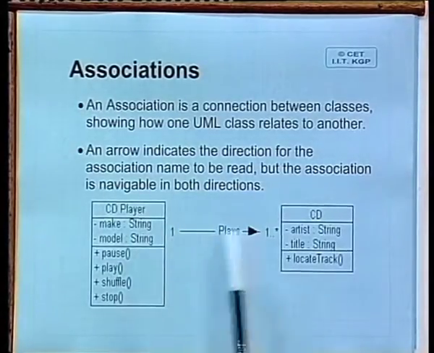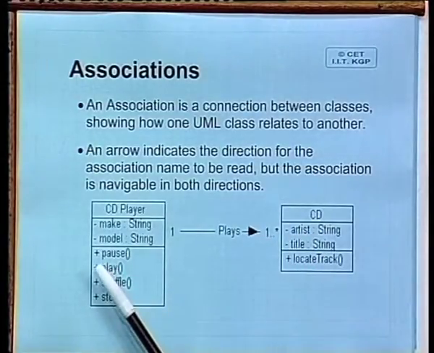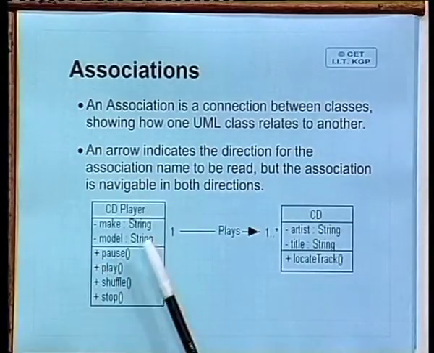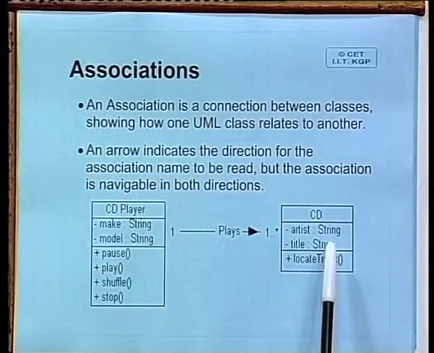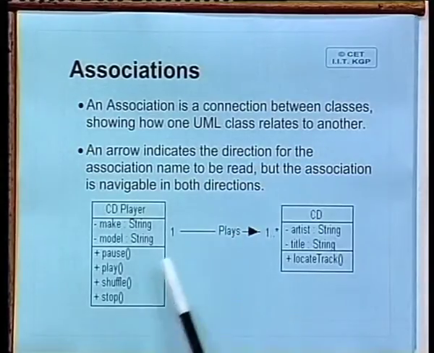See, the CD player plays the CD. It is not that the CD plays the CD player. Since it is the CD player who plays the CD, we put the arrow this way. You could have written it the other way round also. So, you may say the CD is being played by the CD player.